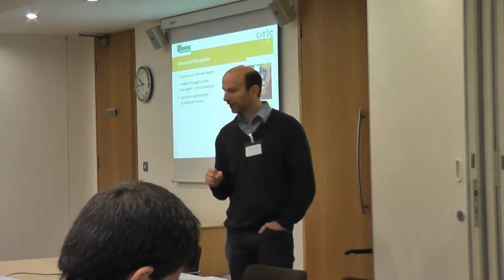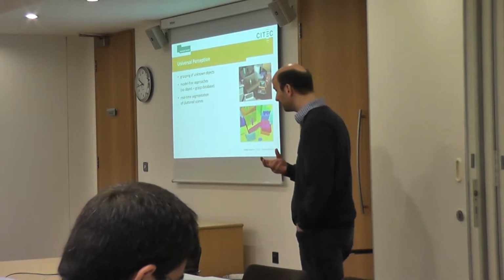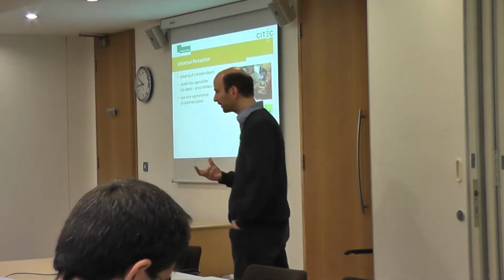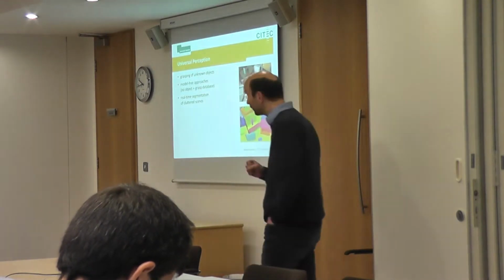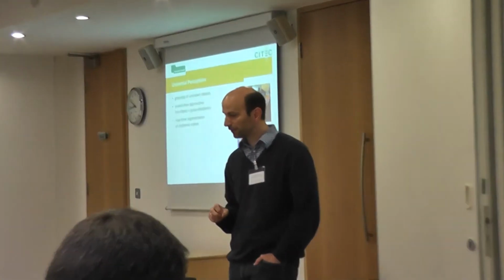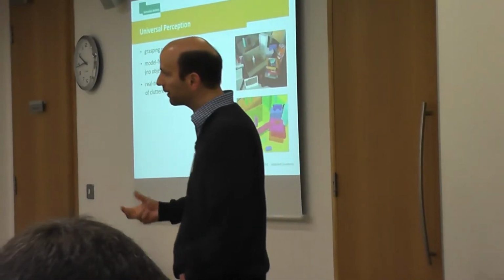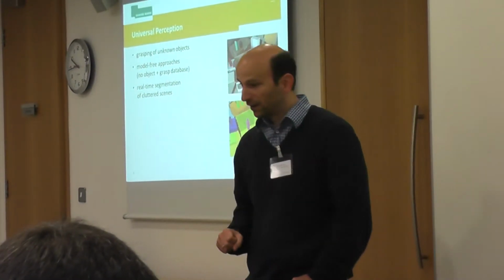Here we follow an approach which tries to avoid a lot of object or world knowledge, because we want to deal with unknown environments. So we try to follow model-free approaches, both for object recognition as well as for task planning.